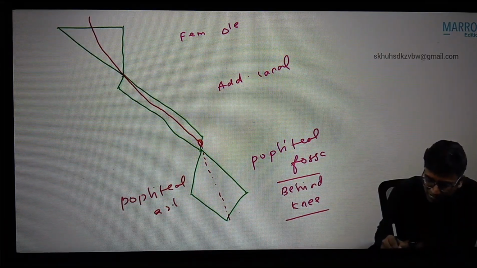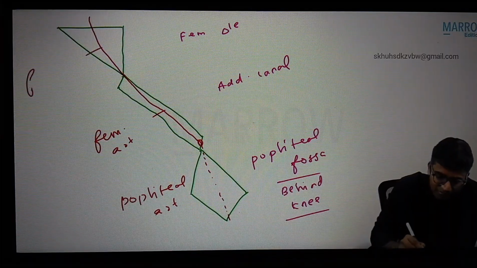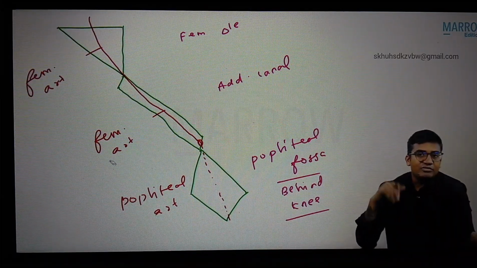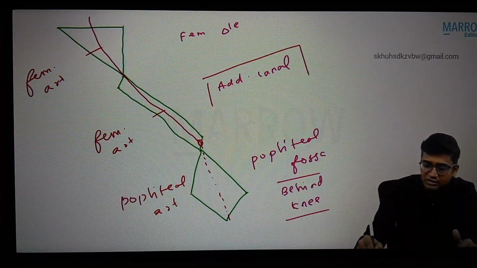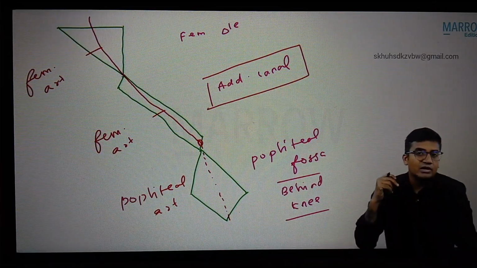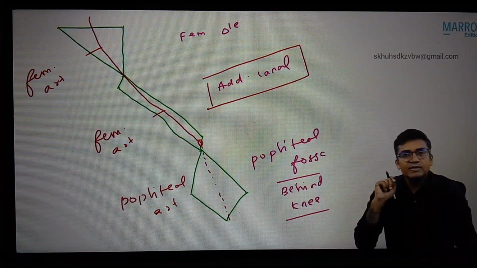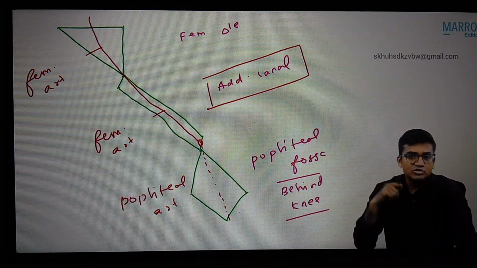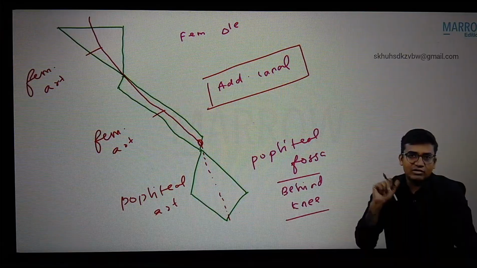That is, the popliteal artery is nothing but the continuation of the femoral artery. So the femoral artery from the femoral triangle reaches the popliteal fossa through the adductor canal. Another important advantage of the adductor canal is that the femoral vessels are easily accessible here. So if you want to ligate the femoral vessels, then the surgeon uses this canal.